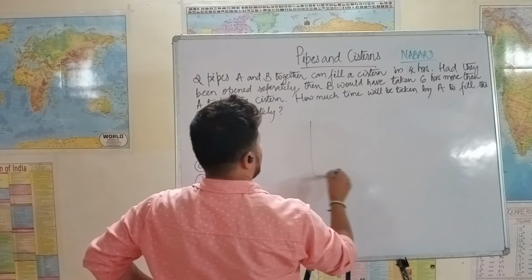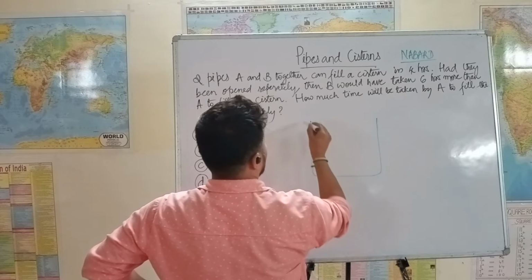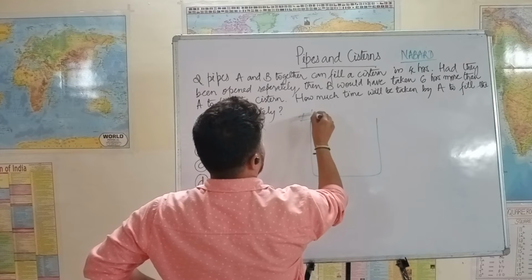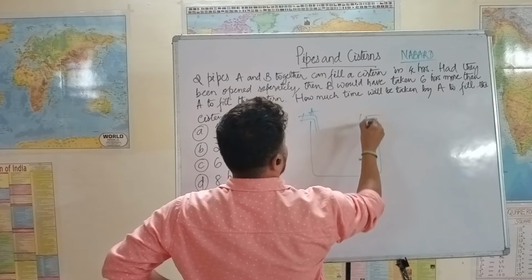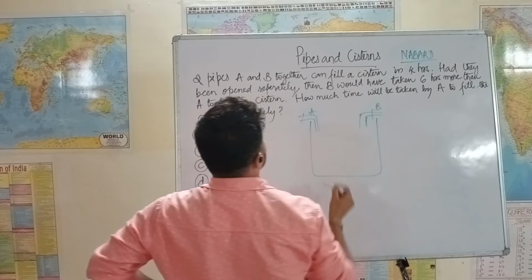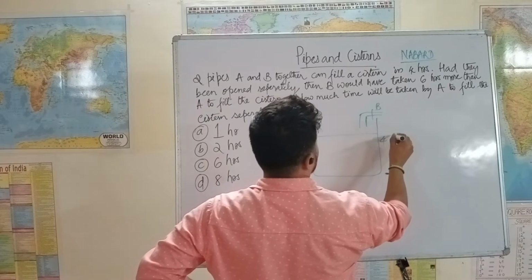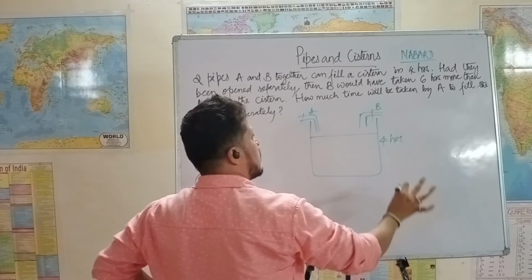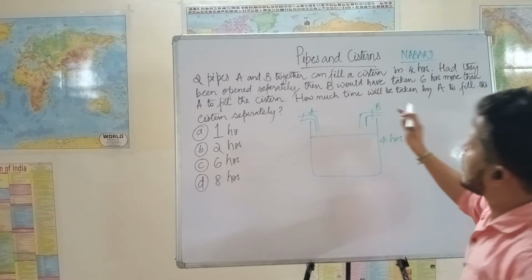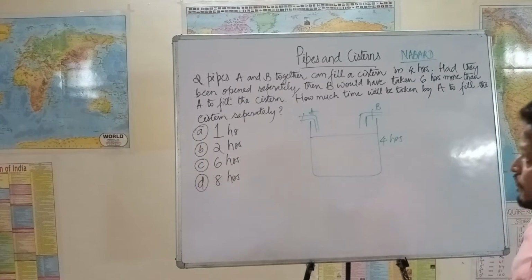This is the system, this is A and this is B. There are two pipes, and together they can fill it in 4 hours. It's not individual efficiency; it is the efficiency of A and B together.